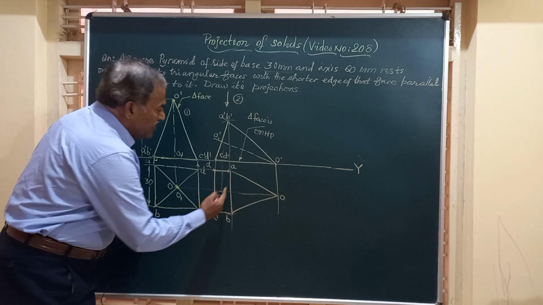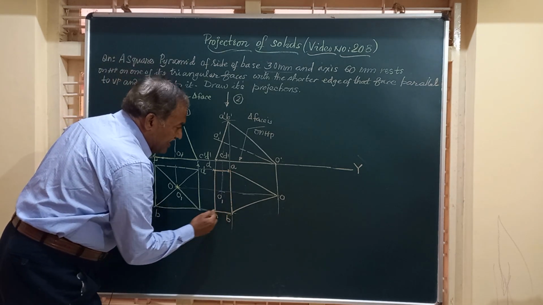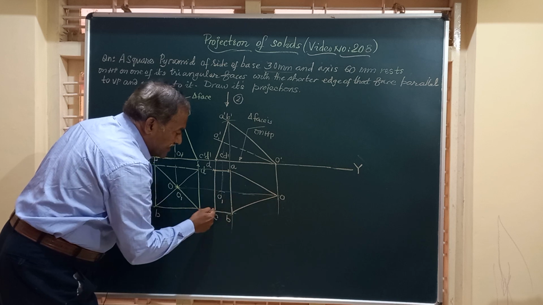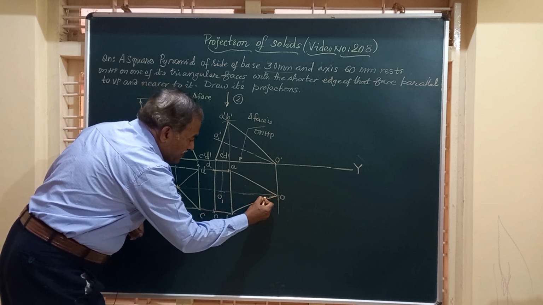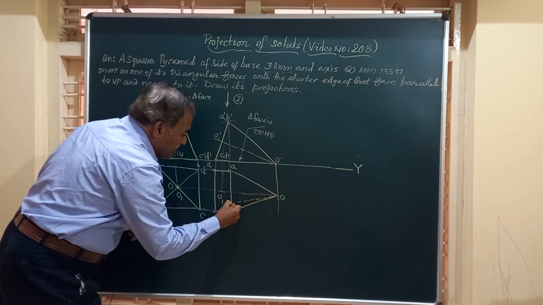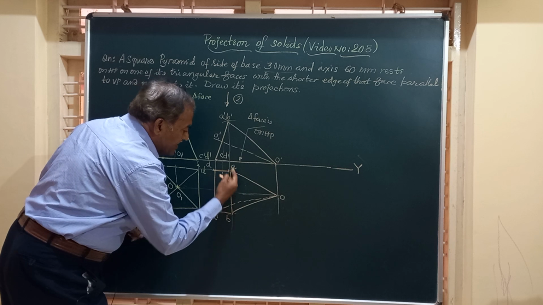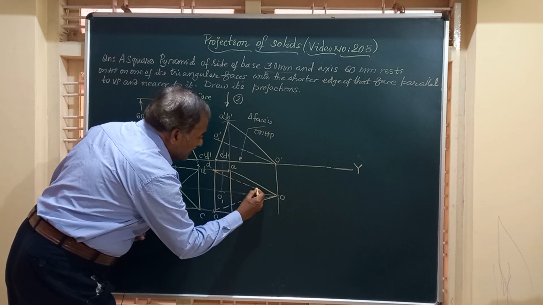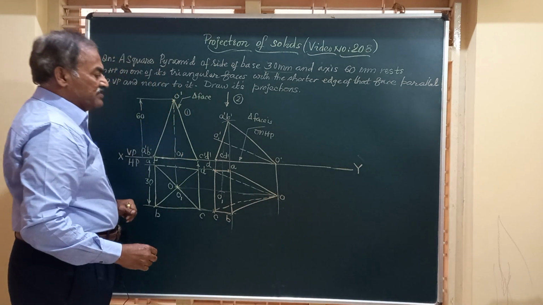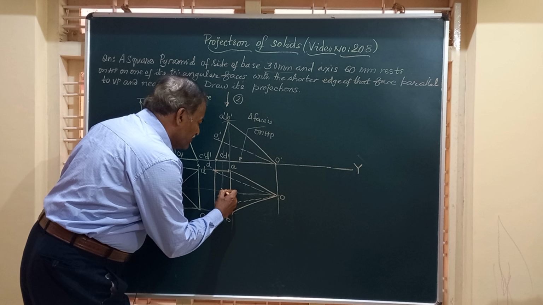AB is a full, visible line, and if I am writing this OC, it is intersecting here and hence this has to be a dotted, invisible line. On the same lines, OD is also intersecting AB and this again has to be an invisible or dotted line. Friends, we have got this O1.